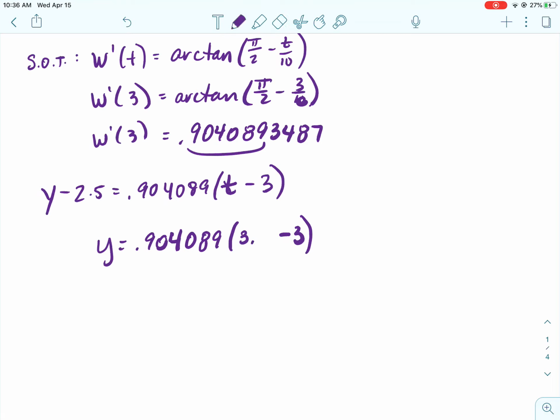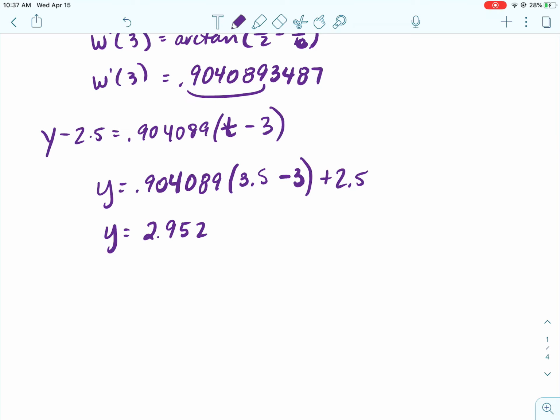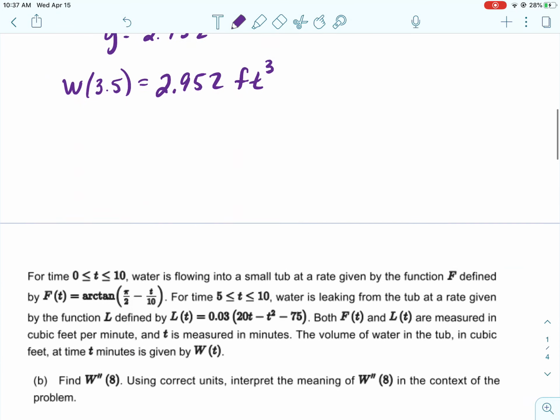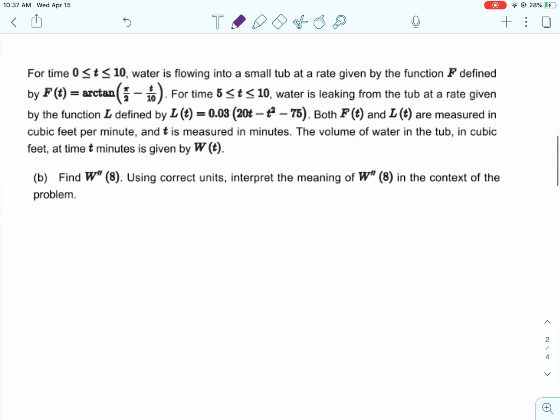So we are plugging in 3.5, and then I'll add that 2.5 back over. It looks like we're going to get 2.952. So an approximation for the amount of water at 3.5 minutes is approximately 2.952 cubic feet.